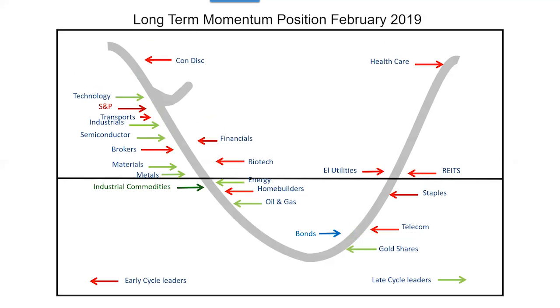We don't know exactly when the low will take place, but you already have some of the early defensive leaders turning up. And so it might be that in the not too distant future, these different sectors could be ready to start to turn into a new uptrend.